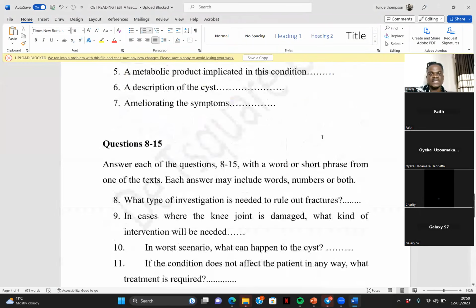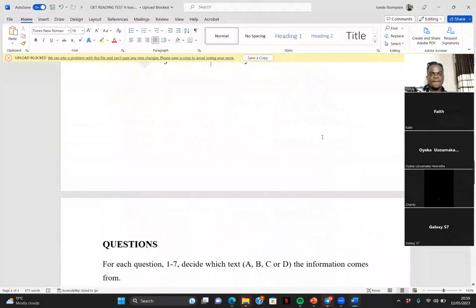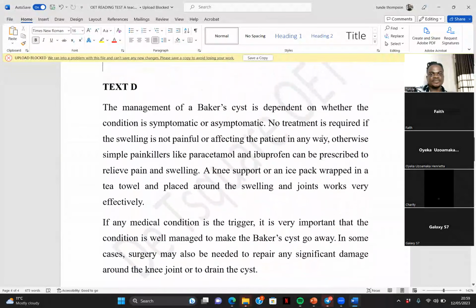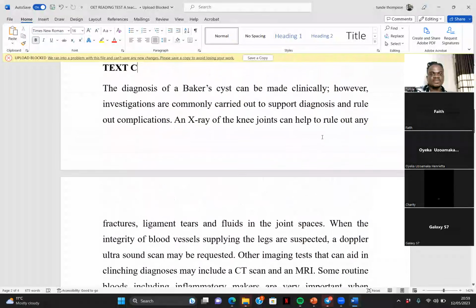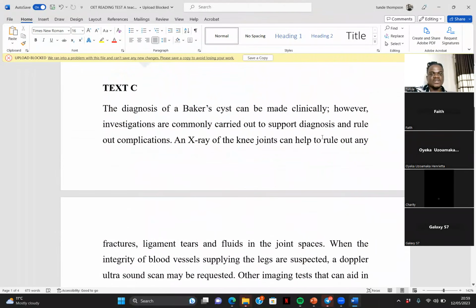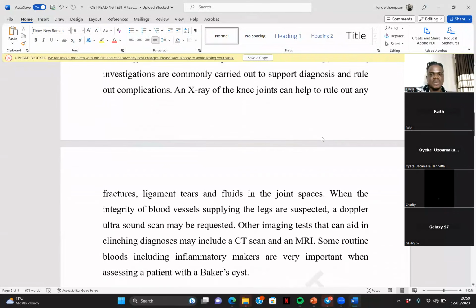So if we come to text number C now, the diagnosis of Baker's cyst can be made clinically. However, the investigations are commonly carried out to support diagnosis and rule out the... No, they talk about blood test, isn't it?